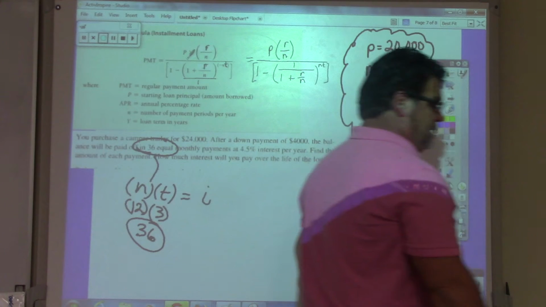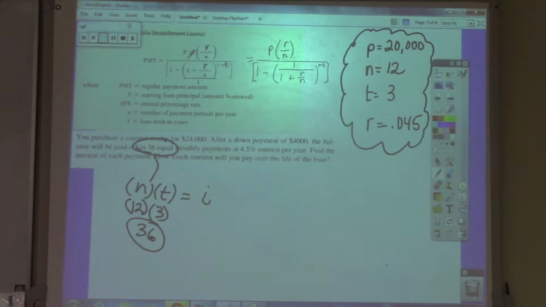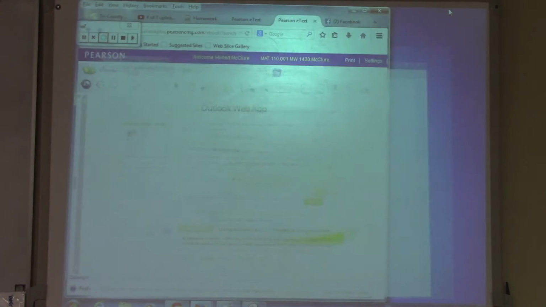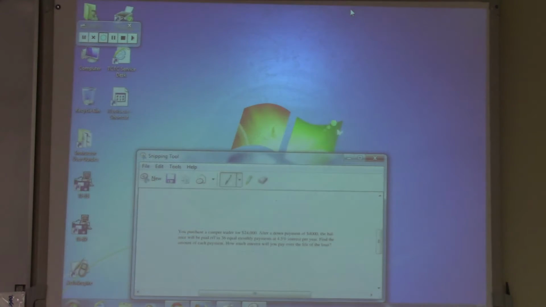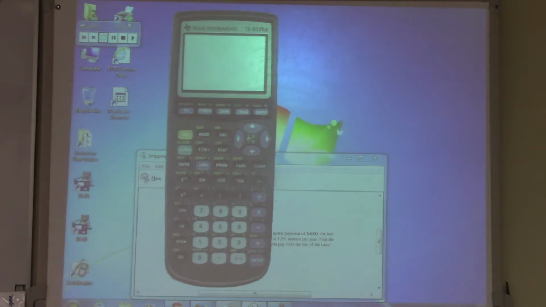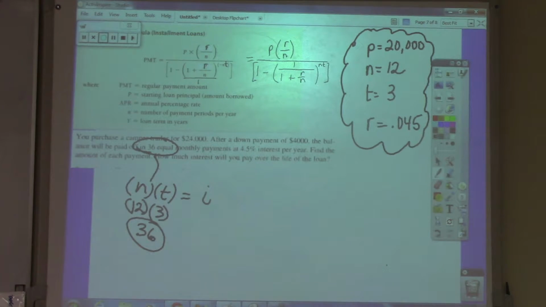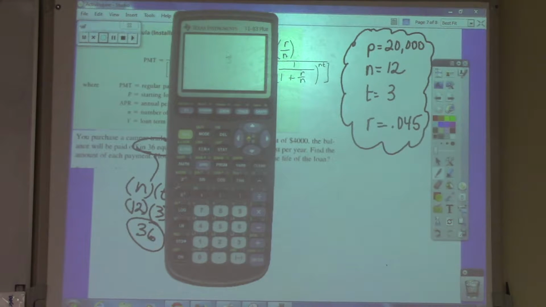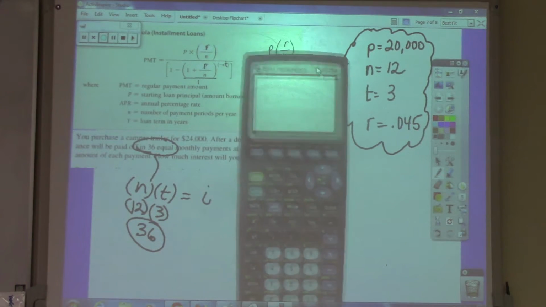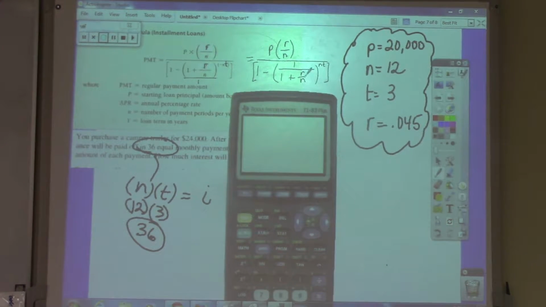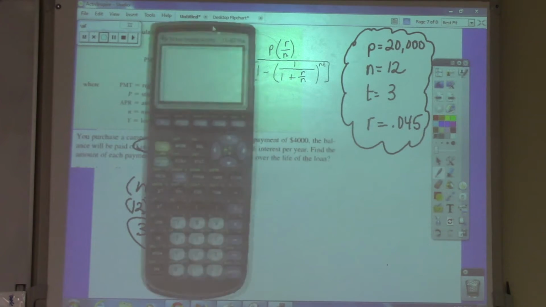So I'm going to show you how to do it with your calculator, without even having to write it down. So you take your handy dandy calculator. I'm going to start with this R over N right here.